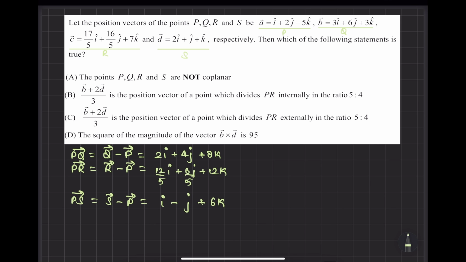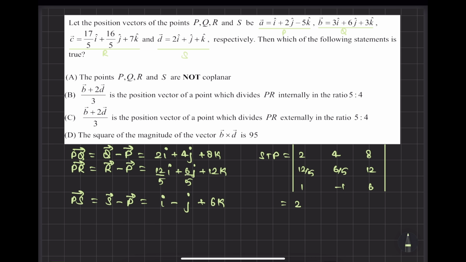Now what we will do? We will find out the STP. Okay, so STP means what? The determinant with rows 2, 4, 8; 12 by 5, 6 by 5, 12; 1, 1, 6. So we will solve this thing.